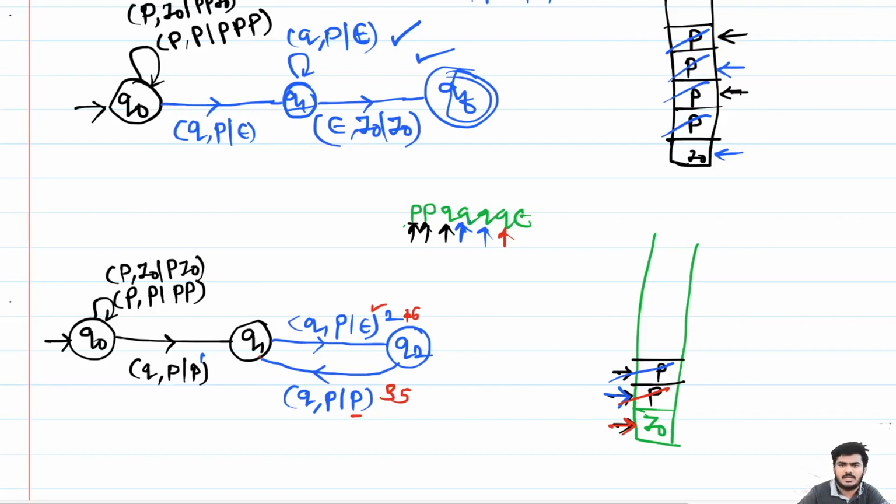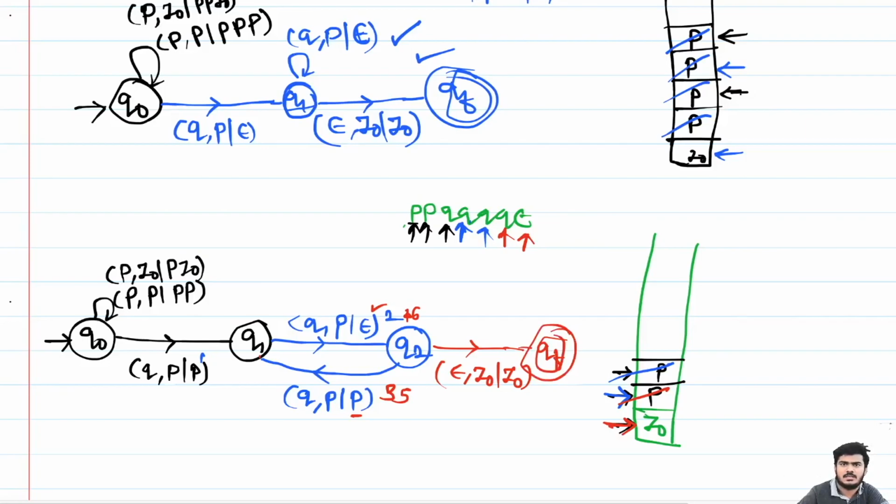Okay, and finally when nothing is left in the input, that is epsilon only, and the top of the stack is now Z0, I will leave that as it is. I will not do any operation. I will leave Z0 as it is, and I have moved to the final state, that is QF.